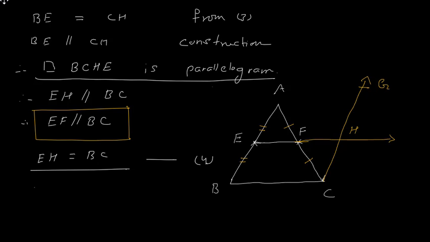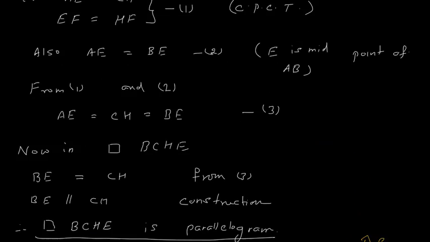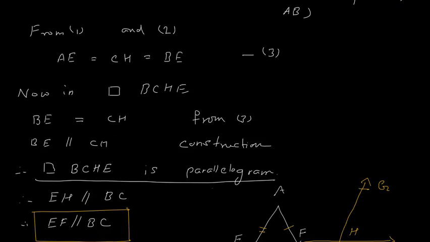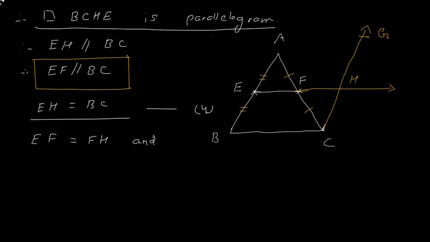Now EF is equal to FH, which we have already proved in equation number 1. And EF plus FH is equal to EH.